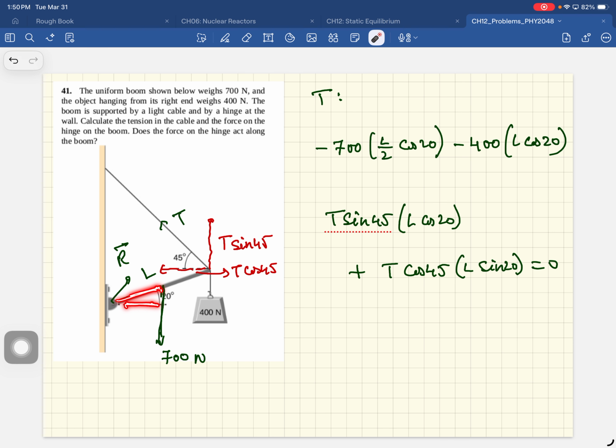So Rx is... And then for the y component, this y component plus this y component is balancing these two forces.